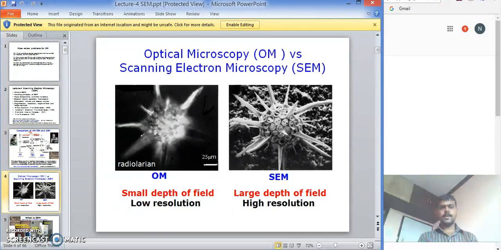If you look at this slide, it gives the comparison of optical microscopy and scanning electron microscopy. The first picture shows the small depth of field which is due to optical microscopy, which has low resolution, whereas the other picture in which scanning electron microscopy is used gives high resolution and a large depth of field.